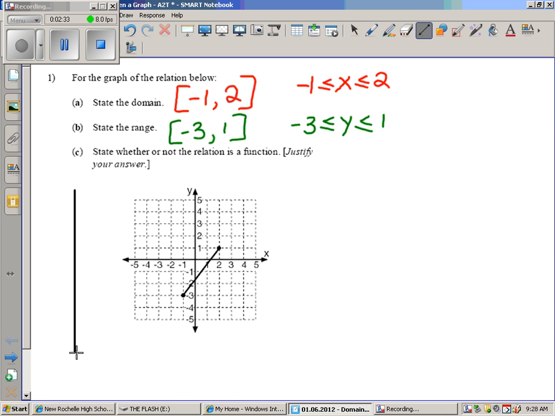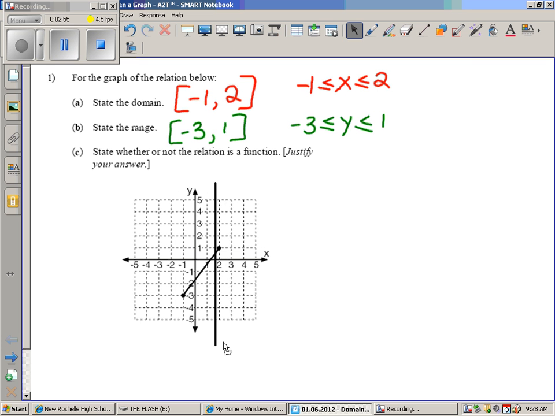Let's just grab a black one. There's my vertical line. Something is a function if you can take a vertical line, and people often use their pencil, and move your pencil through and it only hits once at most on the graph, then it's a function. Do you see it?